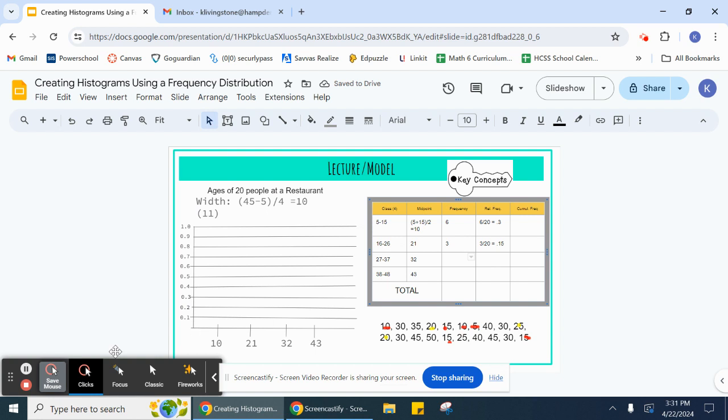All right, now 27 to 37. Let's go orange. We have 30, 1, 2, 3, 4, 5.